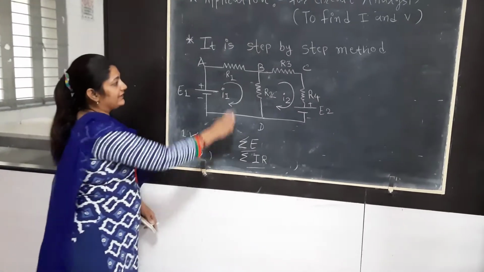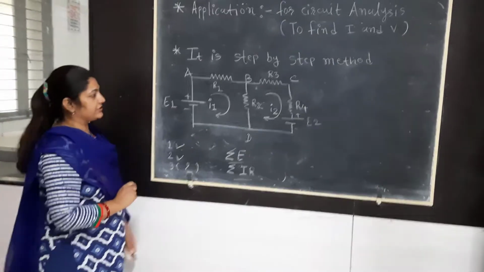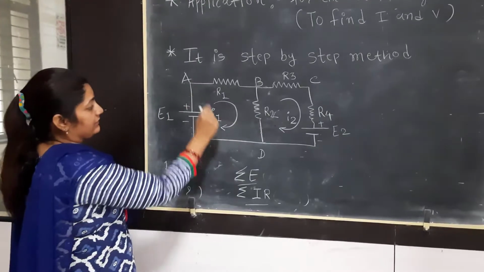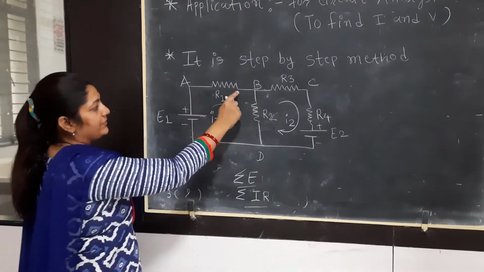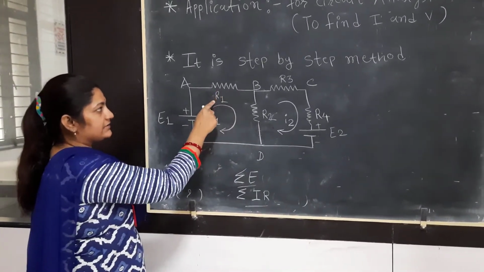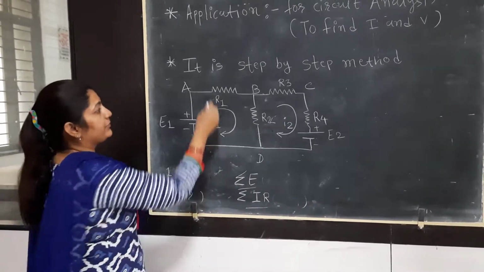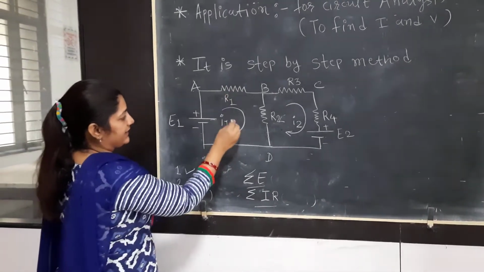Now for the formula, let me pick this first mesh A, B, D, A. From the starting point A, this I1 is moving through R1. And obviously resistance is responsible for the drop of voltage, and that drop we can write in terms of R1 and I1.